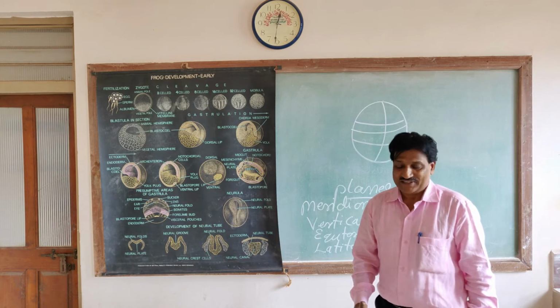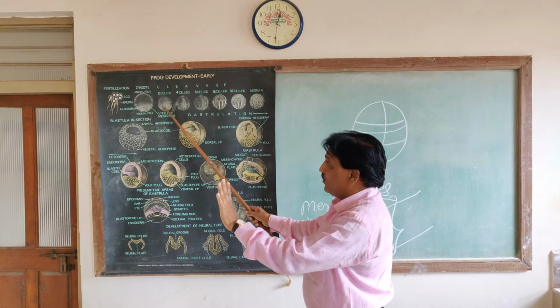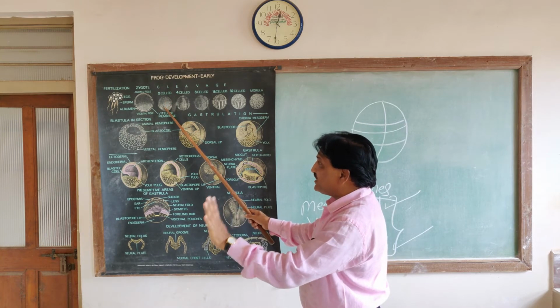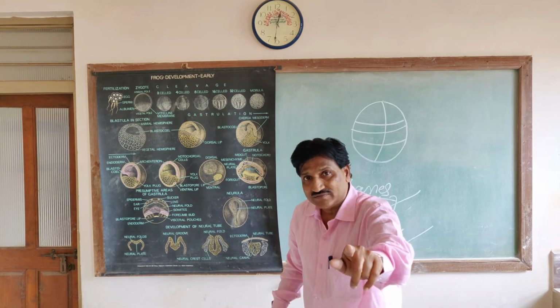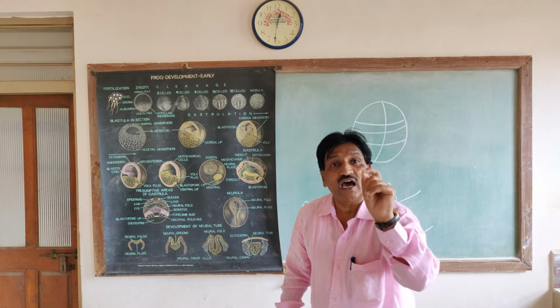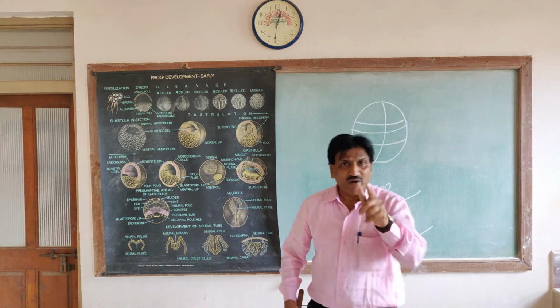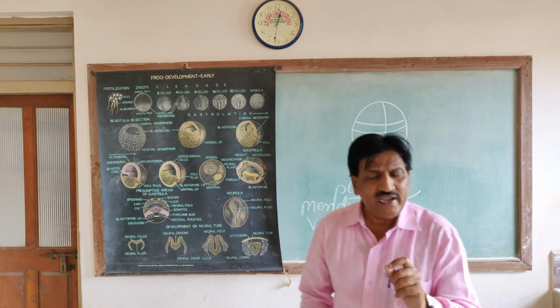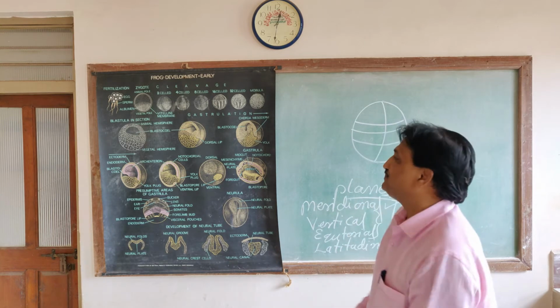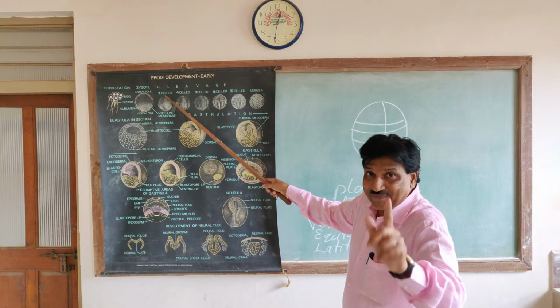First, which type of cleavage is present in the frog? You have to write holoblastic and unequal. That is your statement.